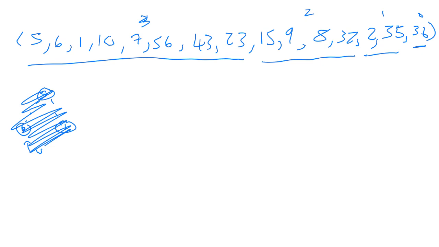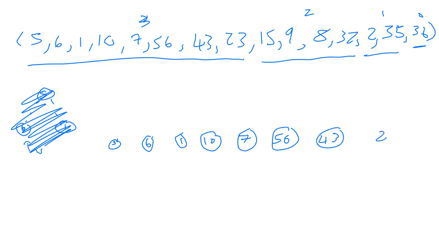So let's start with these heaps that really just have a single node in each. So they'll definitely be valid heaps. Perhaps just write it first, then circle. And I have 1, I have 10, I have 7, 56, 43, and 23.